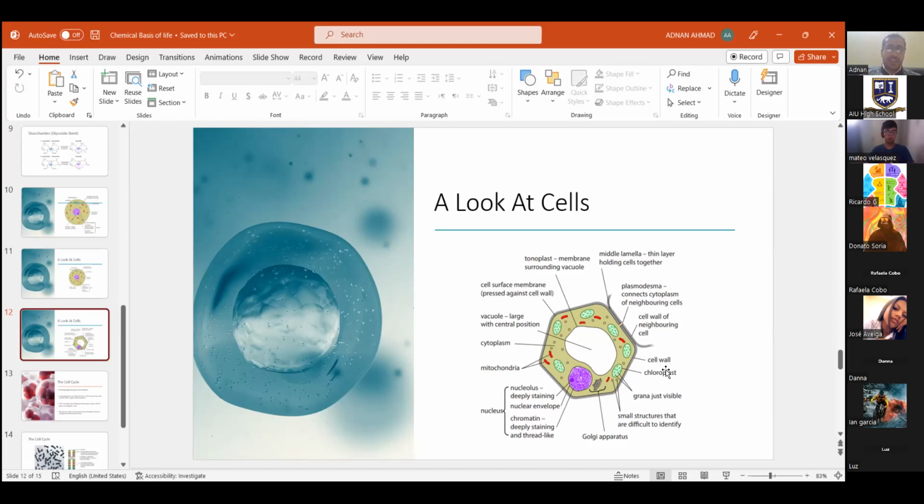Yes, and what molecule or chemical do we have inside chloroplast that does that? Chlorophyll. You may have heard of chlorophyll before, right? You must have heard of chlorophyll.